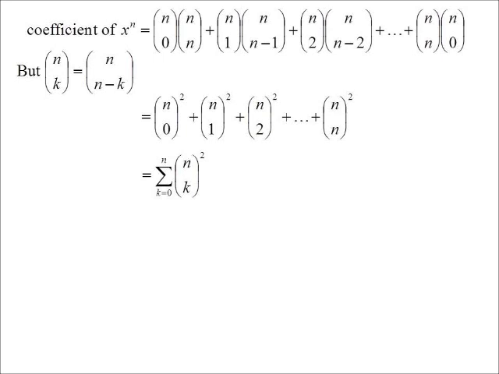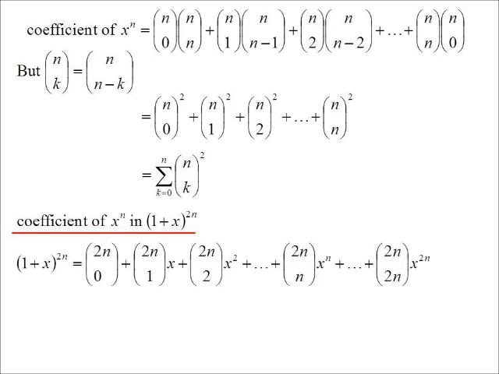So I've got that. Okay, I know looking at it that way, I get the sum from k equals 0 to n of nCk squared. So now let's have a look at the right-hand side. Let's find the coefficient of x to the n in (1 plus x) to the 2n. Well, that's just, again, an expansion, but instead of n, I've got 2n.